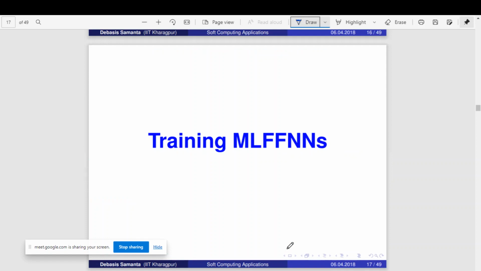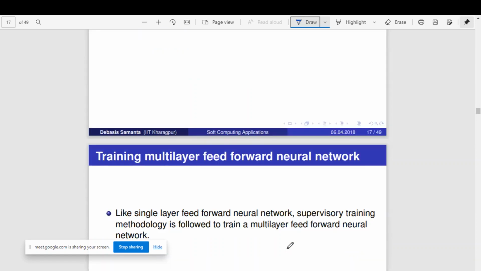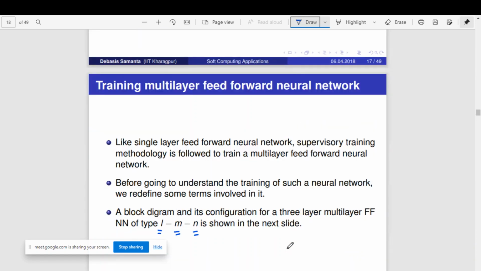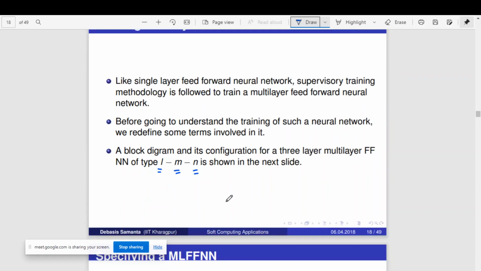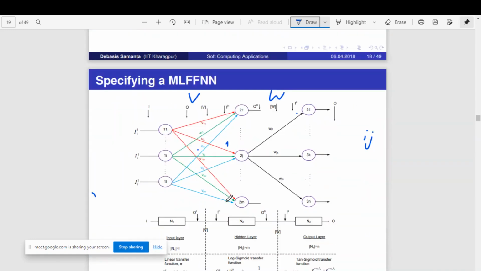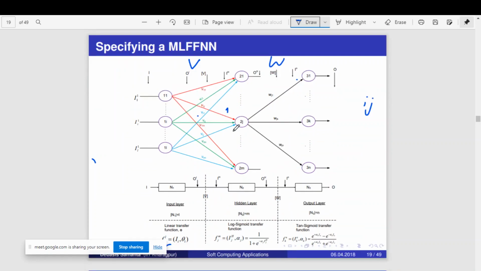We are taking a simple case, assuming there are only 3 layers: input layer, hidden layer, and output layer, with L neurons in the input layer, M neurons in the hidden layer, and N neurons in the output layer. This is the model we are considering.